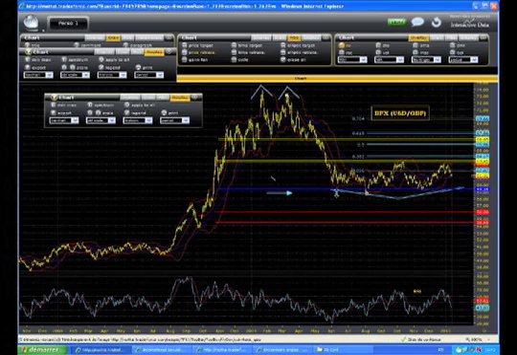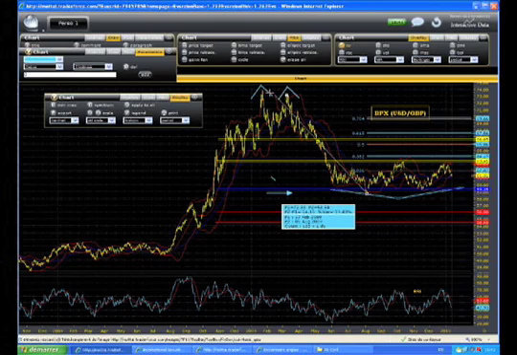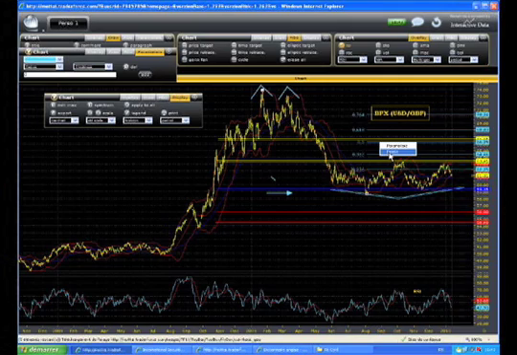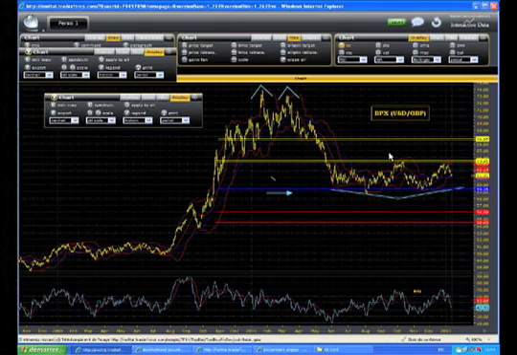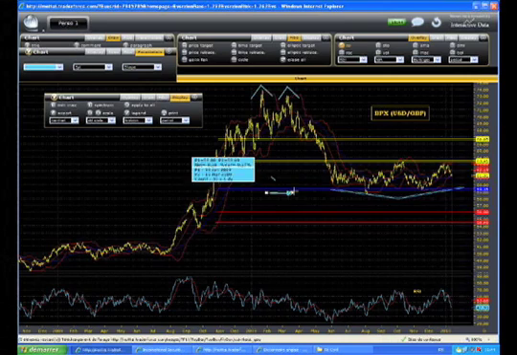Okay, it's not very clear. But the 66 area represents the 50% Fibonacci retracement of the entire decline of the US dollar from the start of 2009. So the analysis will be the following.